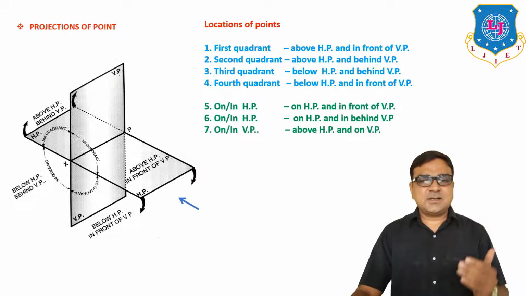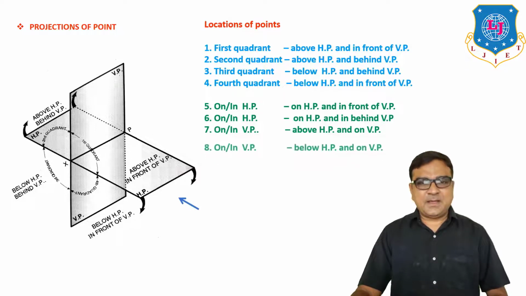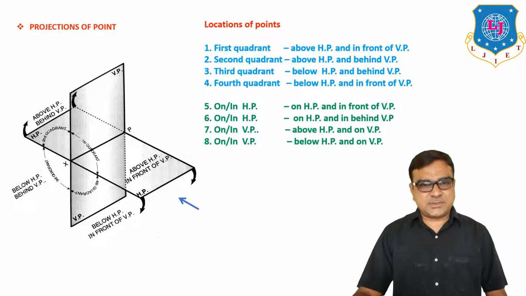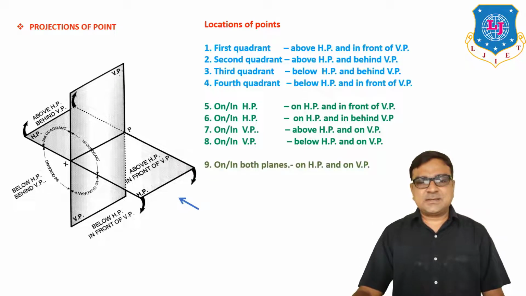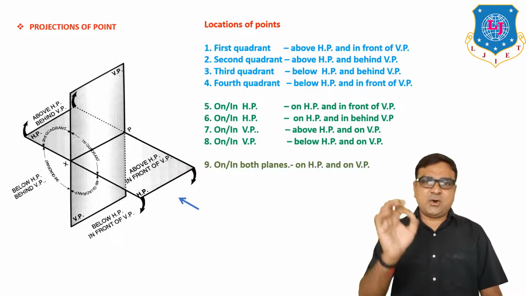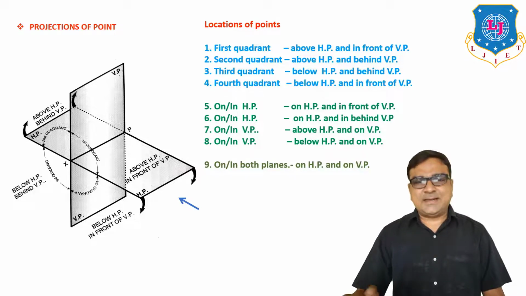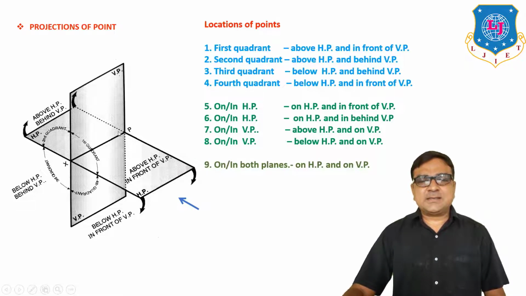Third, on VP above HP, and on VP below HP. So there are another 4 possibilities. And last, when the point is exactly on HP and on VP, then the point is on the intersection of horizontal plane and vertical plane. That line is denoted by XY.